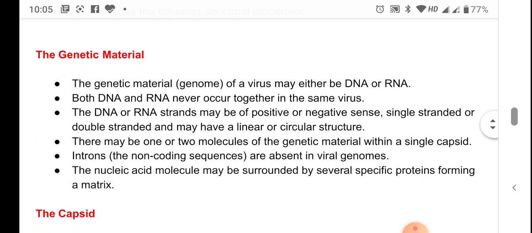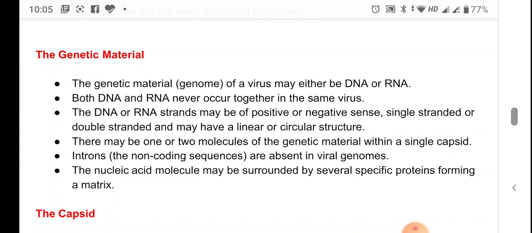And these DNA and RNA strands may be positive sense or negative sense, that is positive sense DNA or negative sense DNA, positive sense RNA or negative sense RNA. Then they can be single stranded or double stranded, like single stranded RNA or double stranded RNA, single stranded DNA or double stranded DNA. And they can be linear or circular in structure. But we do not find DNA and RNA together in a virus.